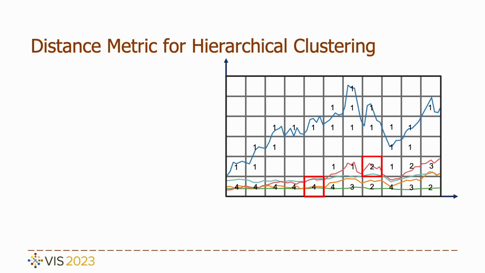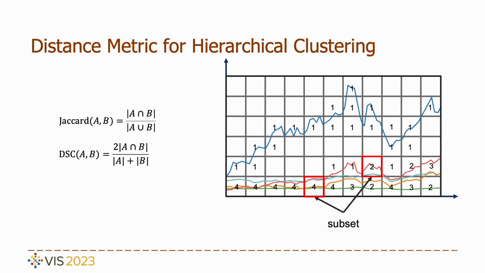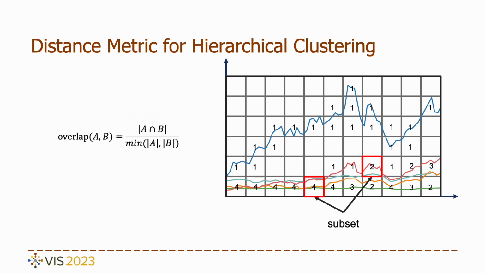Common choices like the Jaccard index or Sorensen coefficient tend to produce lower similarity values when comparing sets of different sizes. As we aim for higher similarity when one beam is a subset of another, we prefer the overlap coefficient, which is insensitive to variations in set size.